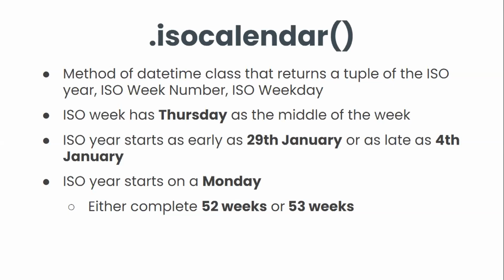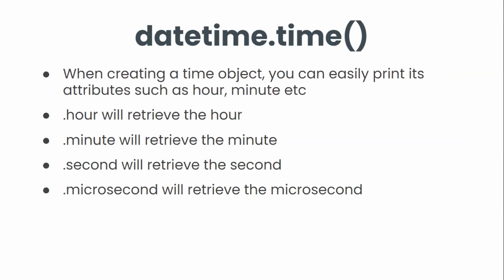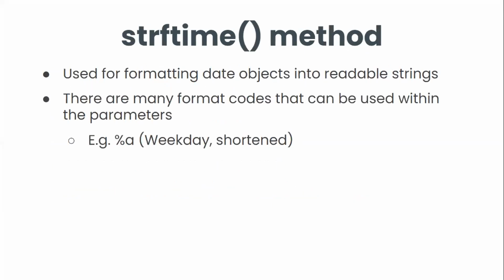This will be clearer later when I go through the example in the Jupyter file. Okay. So datetime.time is used to extract the time information from the datetime. What is included is the hour, minute, second, and microseconds. And strftime is used to format the datetime objects or date objects into strings.